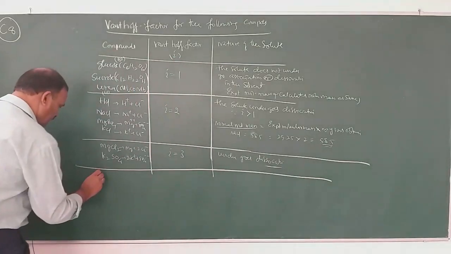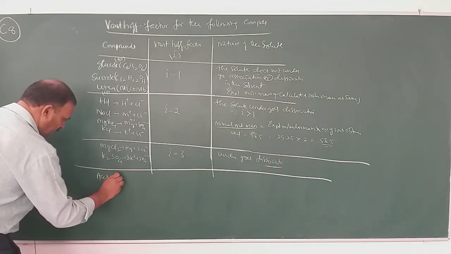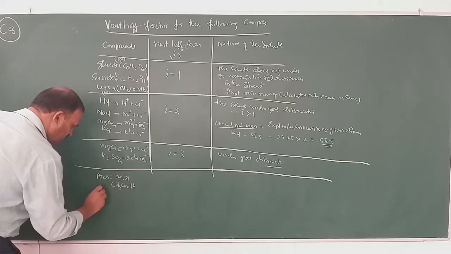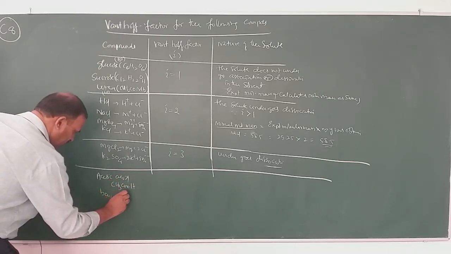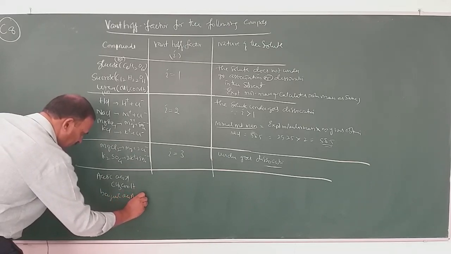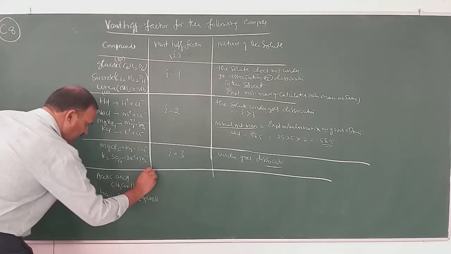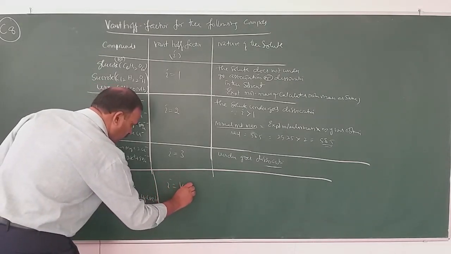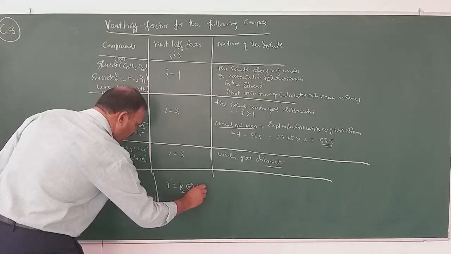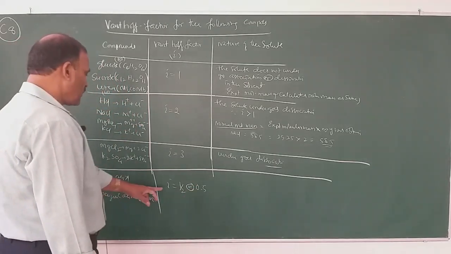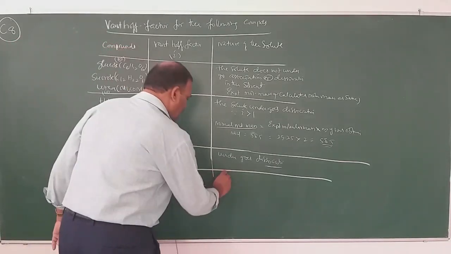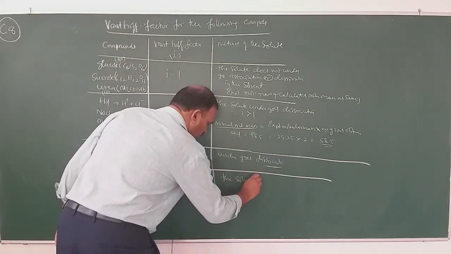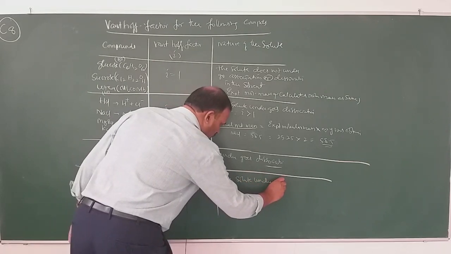For acetic acid, what is the formula? CH3COOH, benzoic acid, C6H5COOH, etc. i is equal to half or 0.5. So the value of i is less than 1. The solute undergoes association.